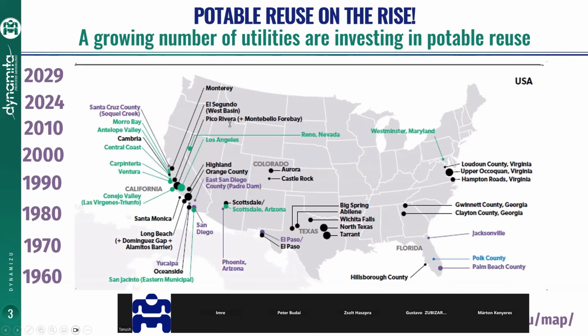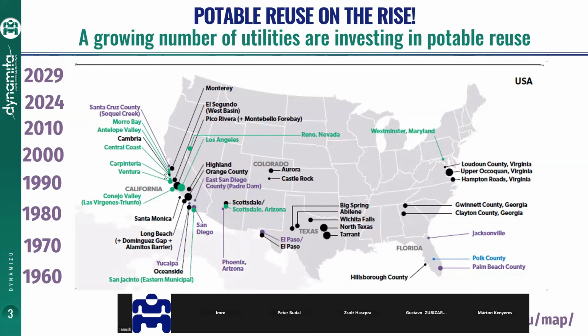So by 2024, we had close to 25 plants that were doing reuse using their wastewater. In 2029, there'll be close to 45 plants which will be looking at doing reuse application. The green utilities which you see are in planning phase for the reuse application, while the purple ones are already under construction.